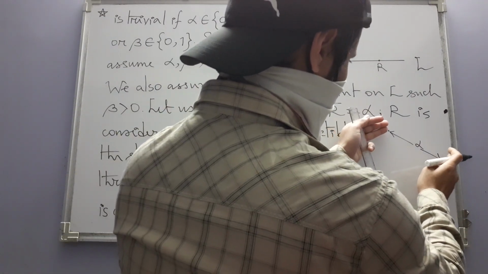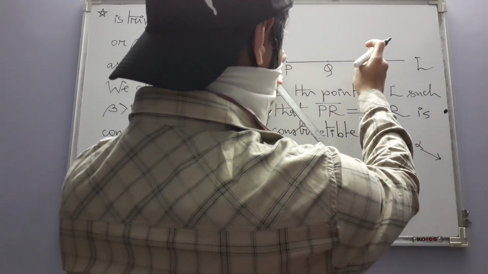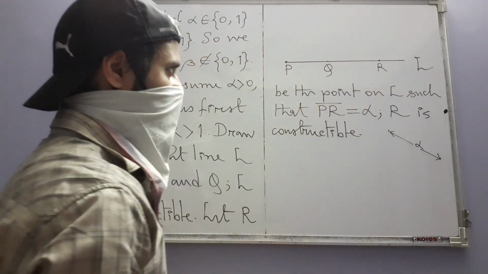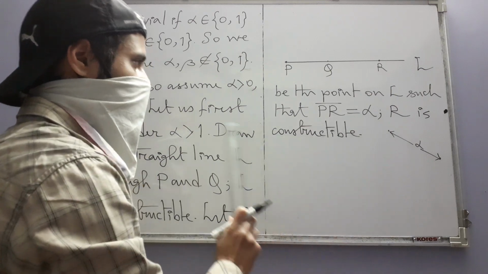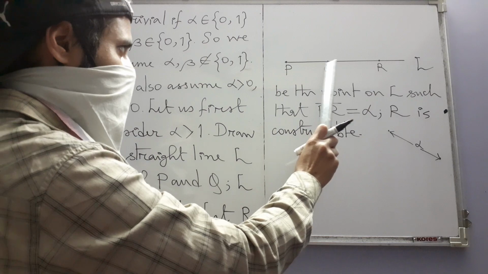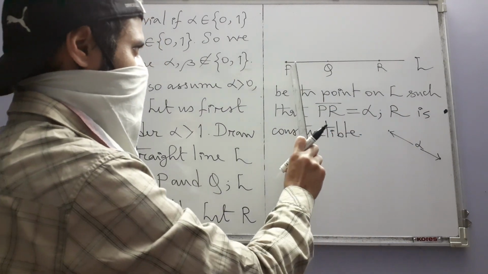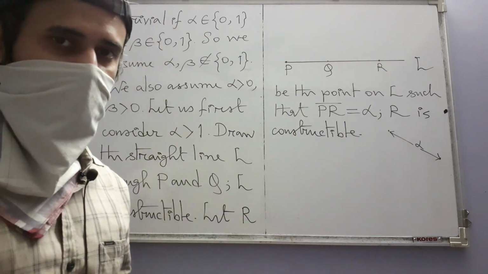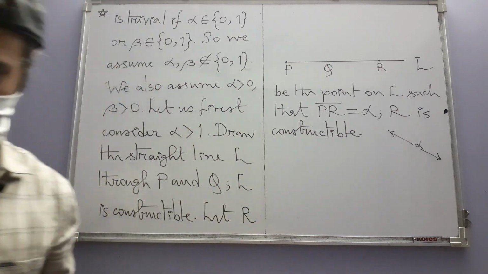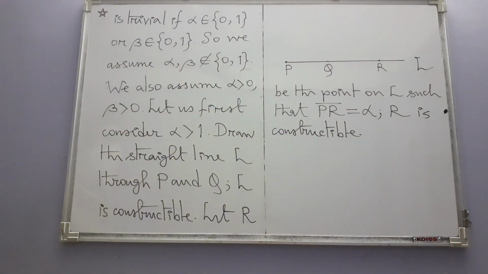So what you can do is that you can take your compass radius equal to this distance and draw a circle with that radius and with its center at P. That circle will intersect the line L at 2 points. One of those 2 points lies on this side, and that point is R, so that the distance between P and R will be alpha. Okay, so R is a constructible point. That means we are allowed to consider this point R, and it will be constructible.